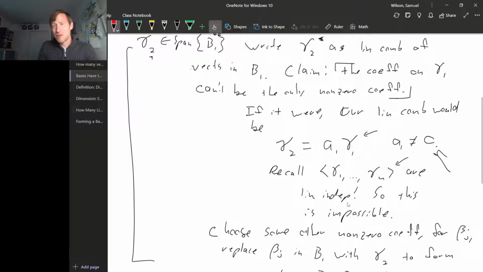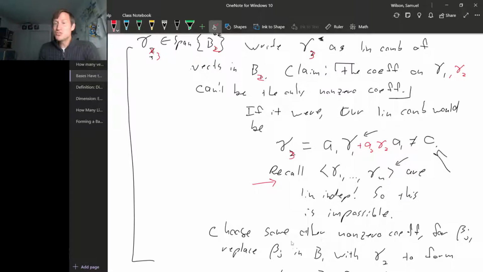So rather than rewrite everything, I'll just change all the indices. So now take gamma 3. Gamma 3 is in the span of B2. Write gamma 3 as a linear combination of vectors in B2. Then the coefficients on gamma 1 and gamma 2 can't be the only non-zero coefficients, because if they were, that would mean gamma 3 was a linear combination of gamma 1 and gamma 2, but that is impossible because the gammas are linearly independent.